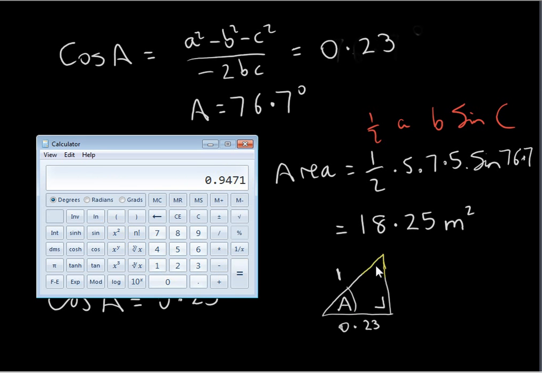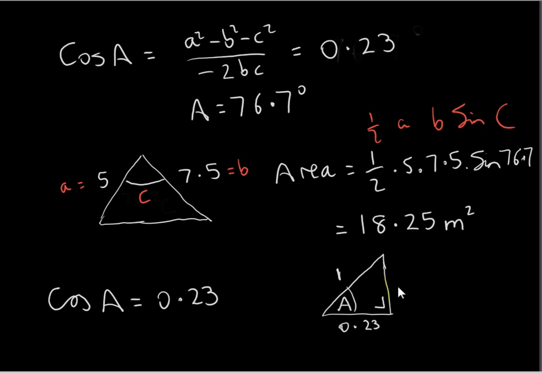Okay, so this value here is the square of the other side. So we have to get the square root of this number. So if I put this to the power of a half, we get 0.9732. And from this we can get the sine of A, because we need the sine of this angle to get the area.